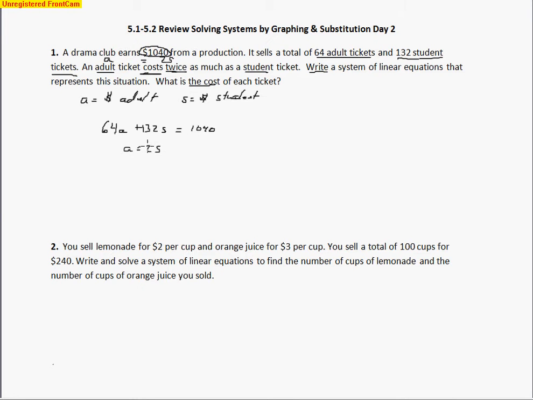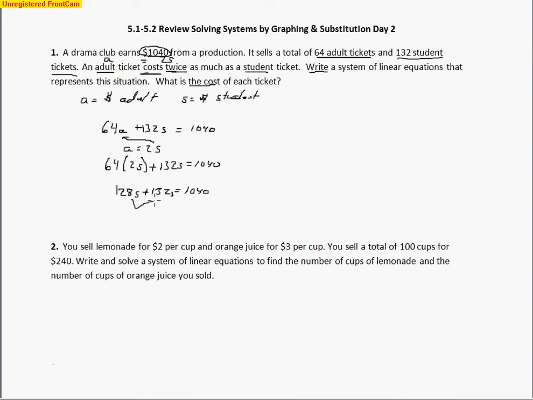So it's a great substitution problem. I'm going to take that 2S and put it in place of this A. So 64 times 2S, plus 132S equals 1,040. I'll multiply. Doubling 64 gives me 128S plus 132S equals 1,040.